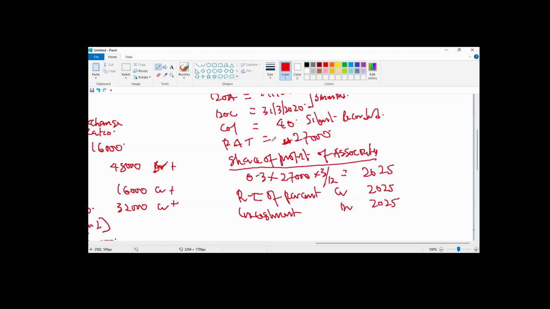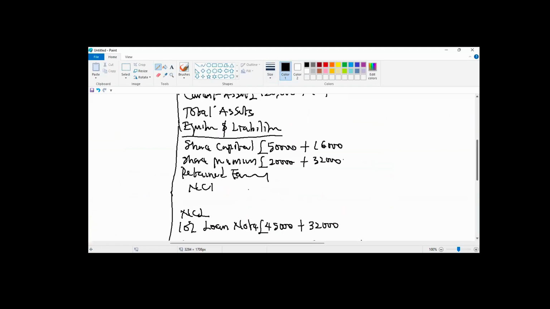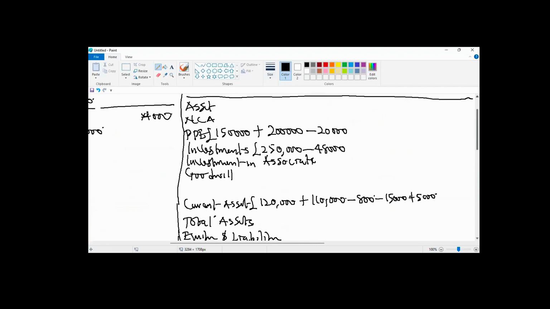I'll go to the question. It has been recorded because it is silent. We move from investments: credit investments 40 million.